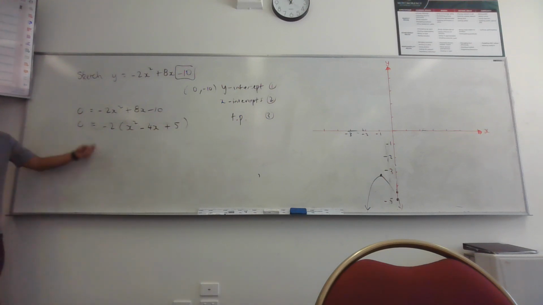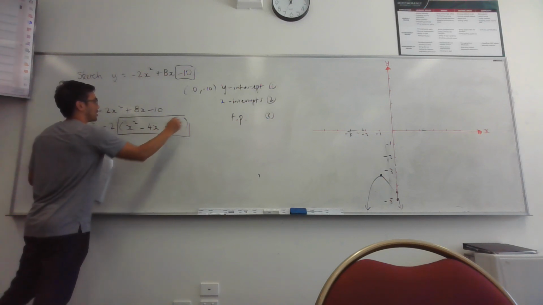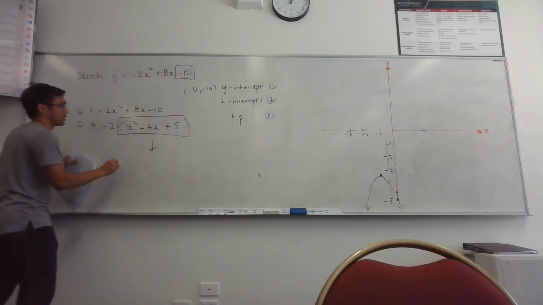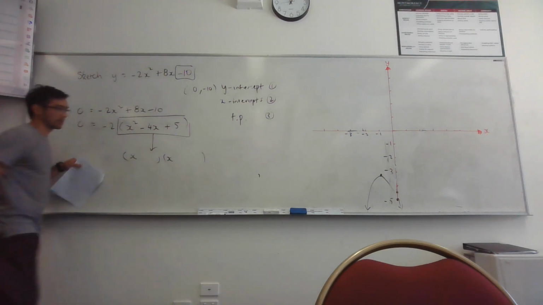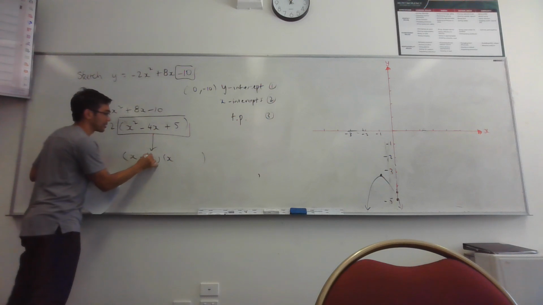Okay, hold on. We take the -2 out, but let's look carefully. Can I break this bit up? It might be possible, actually. Can I do this? No, you can't. -5 plus 1?